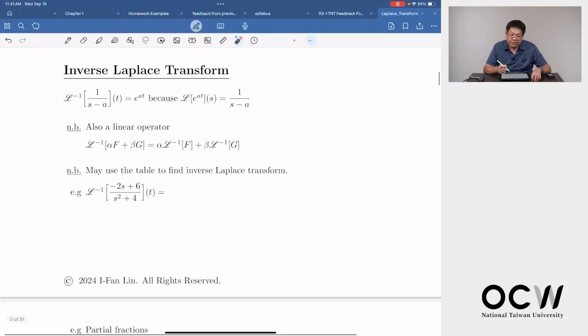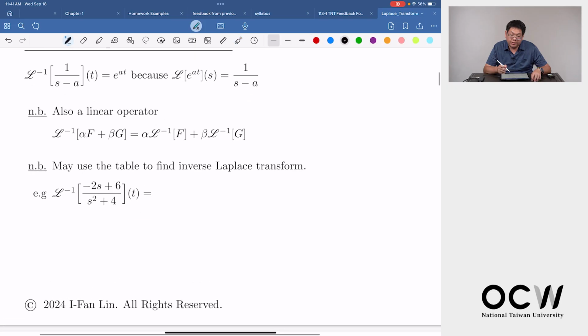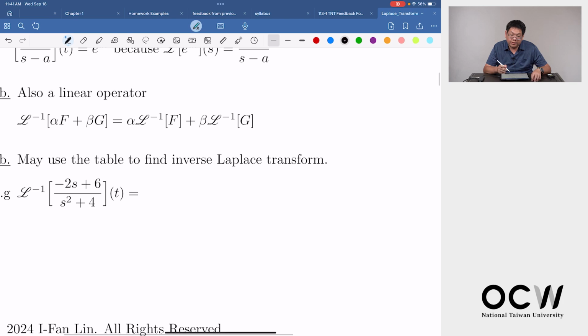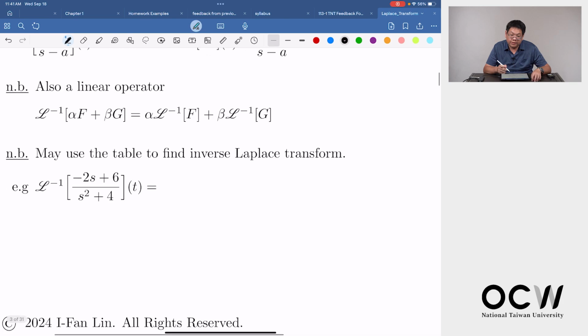So, for example, I need to show the table later. Find the inverse Laplace transform. This one, we can rearrange it because later on, if you see the table, try to find the same form or same pattern.